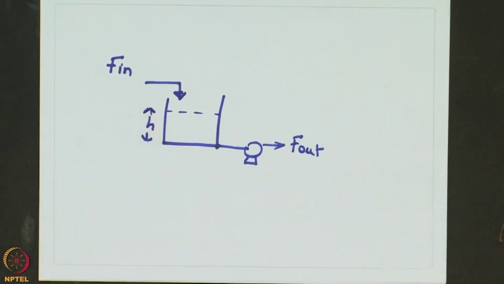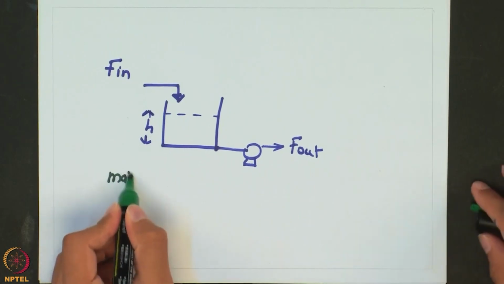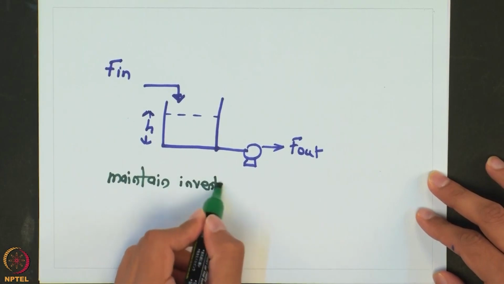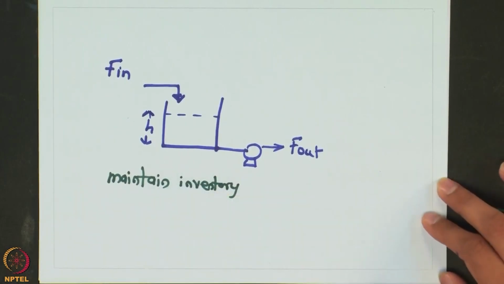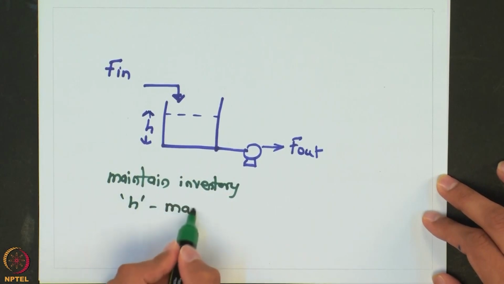When you have such a tank, typically the objective is to maintain a certain inventory inside the tank, which means you have to maintain the height inside the tank.